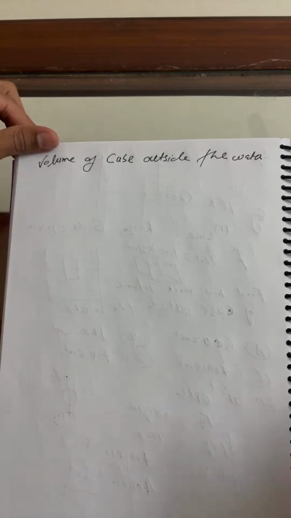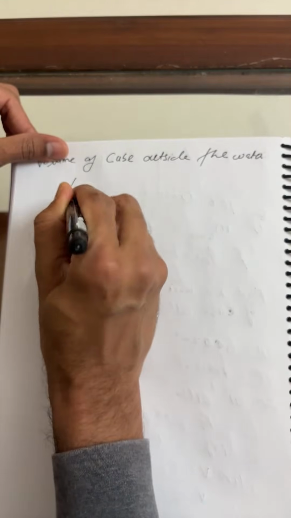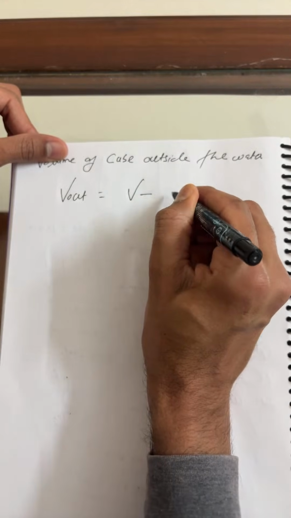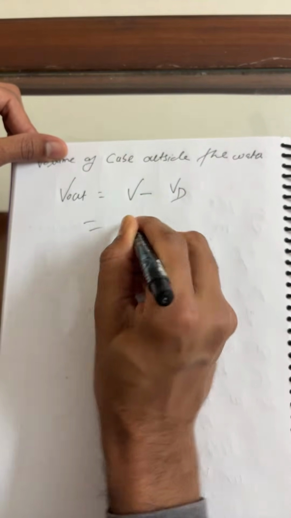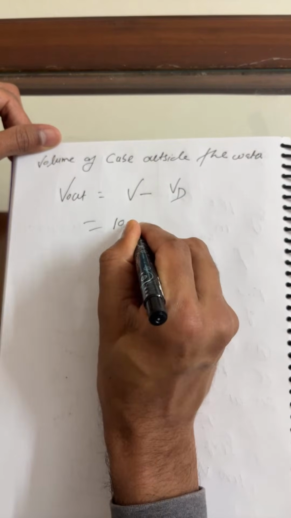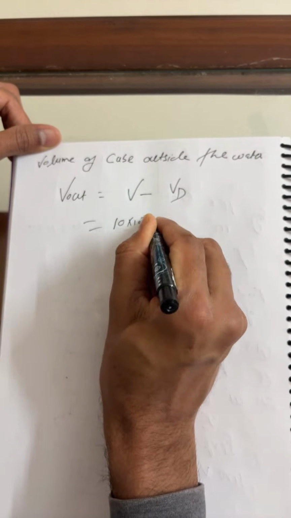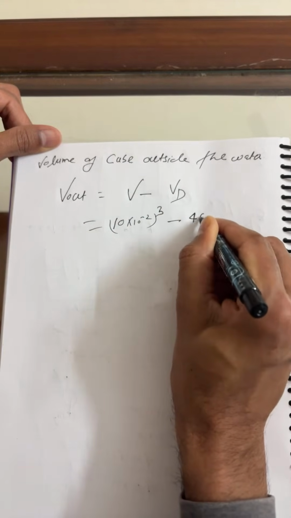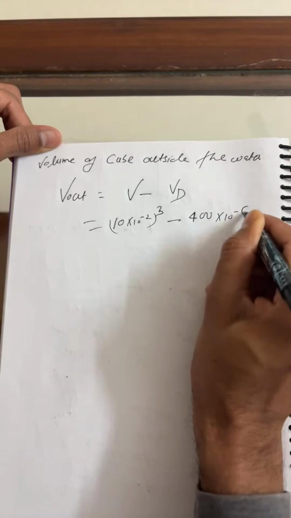Don't worry. Now, the volume outside is the actual volume minus the volume displaced. So what is the volume here? The side of the cube is 10 into 10 to the power minus 2, cubed, minus 400 into 10 to the power minus 6.